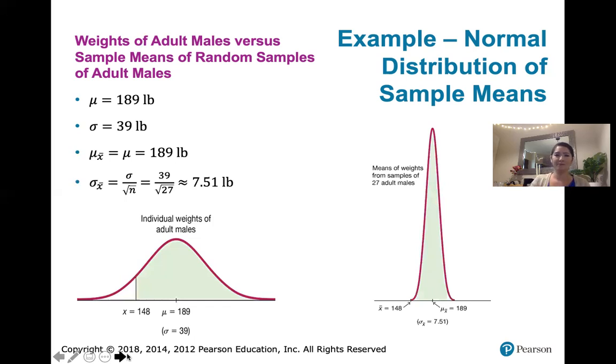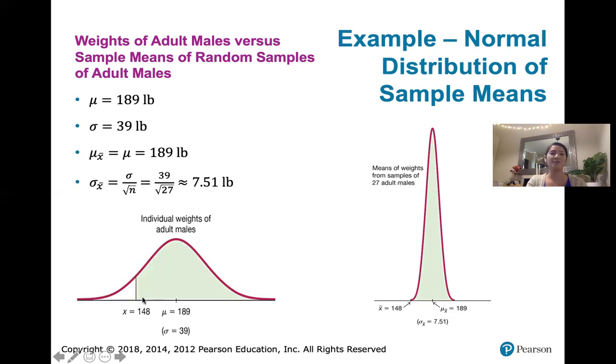Now here, if you look at a sample mean of 148 pounds, it looks like having a sample mean that's greater than 148 pounds is very likely, because having a sample mean that's less than 148 pounds is so small that I can't even see it on the graph. It seems to be very unlikely.